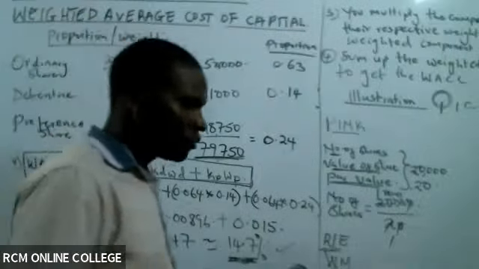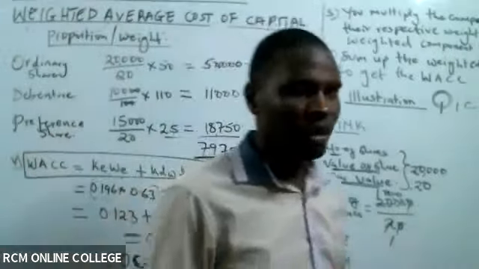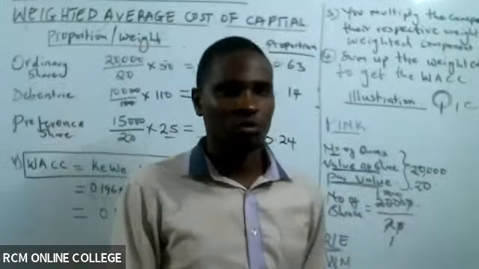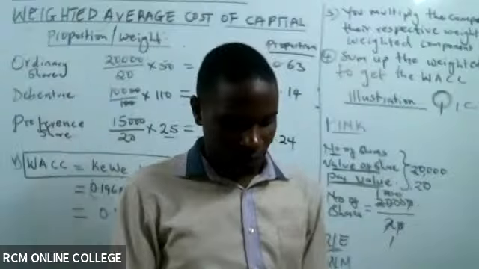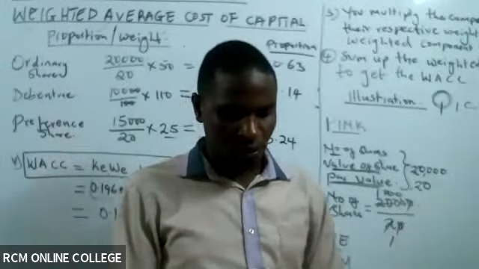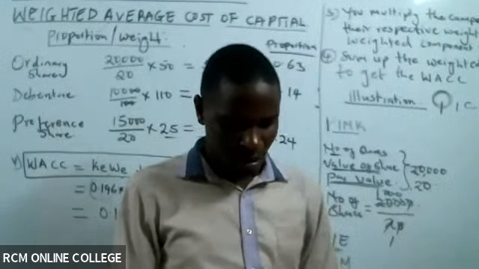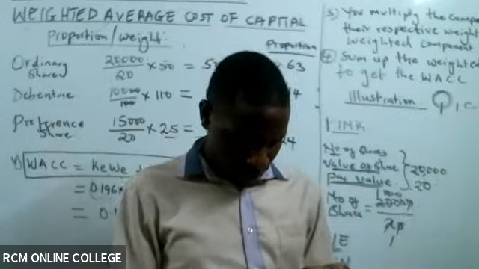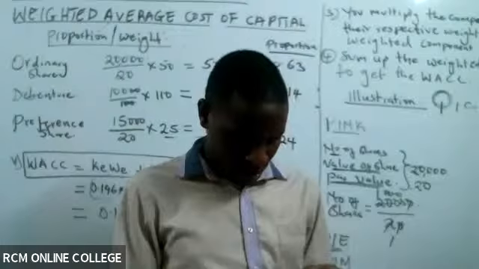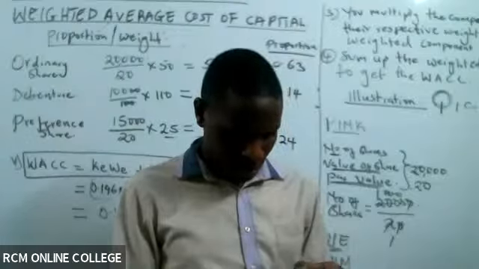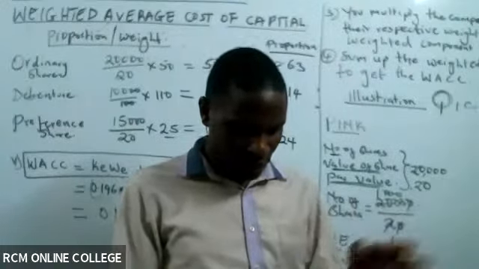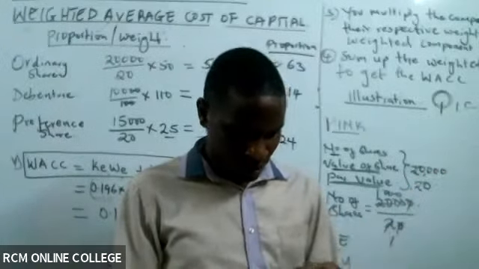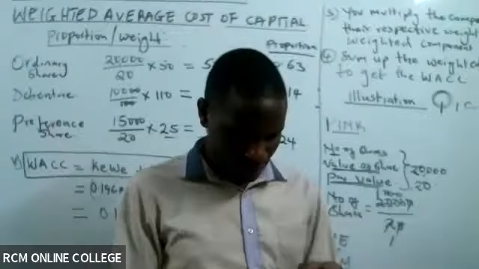So you can always explain why the cost of equity is always higher than the cost of debt. So that is it. Tufanye kazi gani? So we can go and try to do that question. Just go and try.